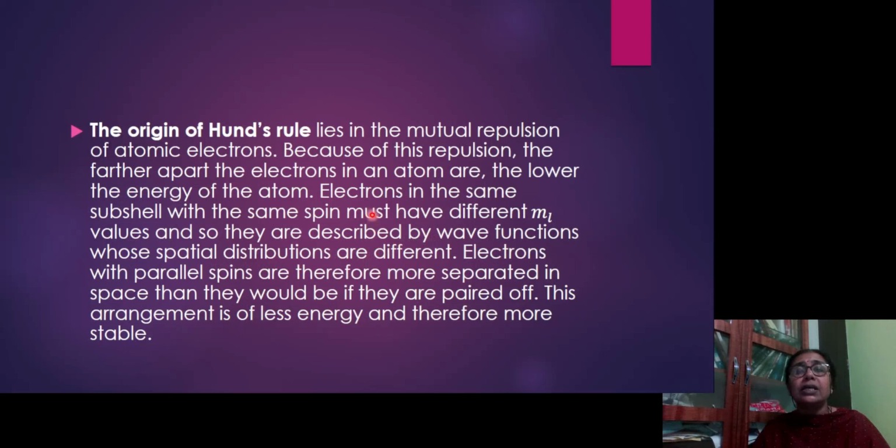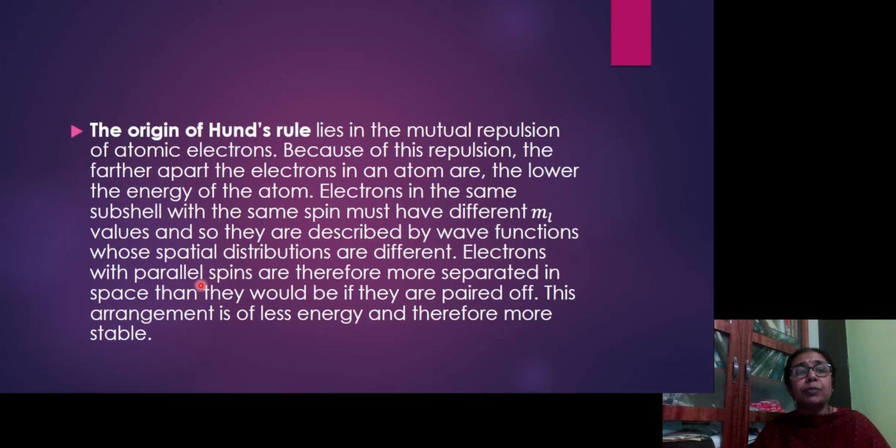Remember that each subshell has 2l plus 1 ml values, and each of these ml values corresponds to one orbital. So these different orbitals are described by different wave functions. The electrons will be away from each other in space if they are placed in these different orbitals.